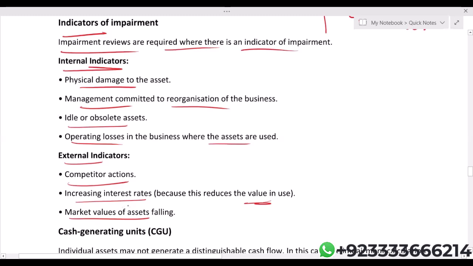If market value of asset is falling, that's an indicator of impairment loss. Then if market value of the asset starts appreciating, it becomes the indicator of reversal of impairment loss. Now there's a possibility that due to competitor actions, instead of you getting losses, now you're getting benefit.